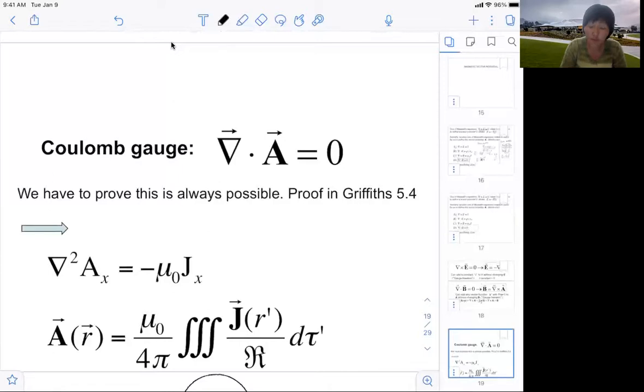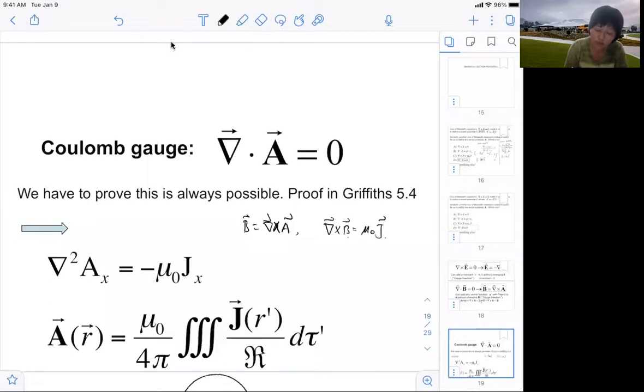So what happens if we choose this particular gauge that we call the Coulomb gauge? B is the curl of A, and one of the Maxwell equations is the curl of B is mu naught J. That's Ampere's law, right? Current density gives us the B field.